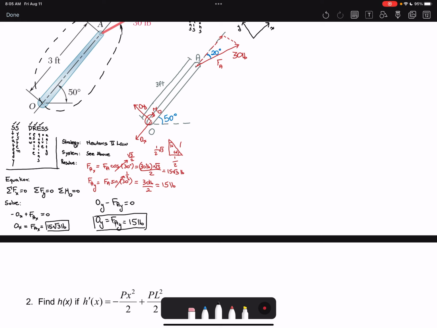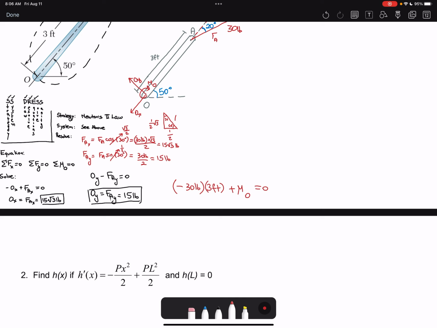So we'll say that negative 30 pounds, that's the force, times the distance at which it is applied, which is the distance from O to A, which is 3 feet, plus the moment at O that doesn't make this move is equal to 0. So we do negative 30 times 3, that's negative 90. We bring it to the other side, so M at O is equal to 90 pounds feet.